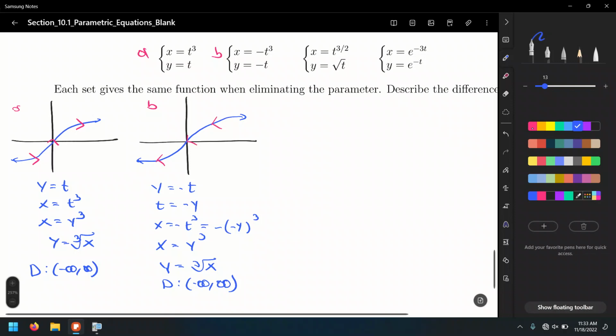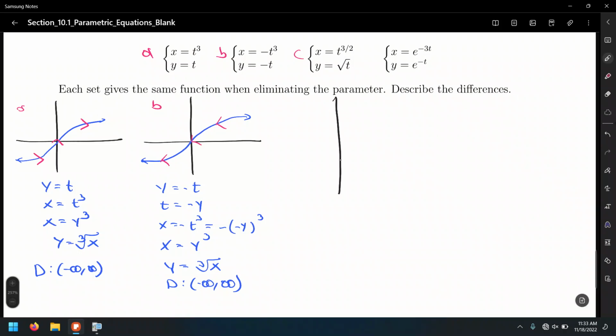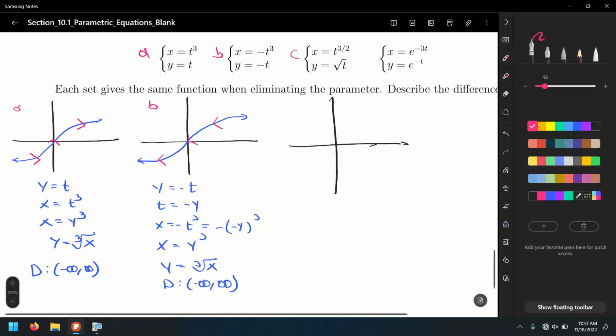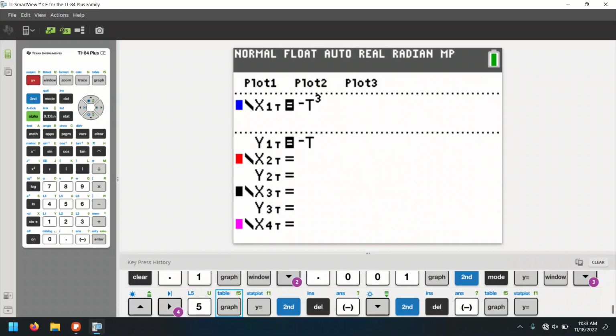Let's look at the next example, letter C. It looks a little weird, but we'll find out what it is doing. Let's go to the graphing calculator and plot that. So number one, can we clear?